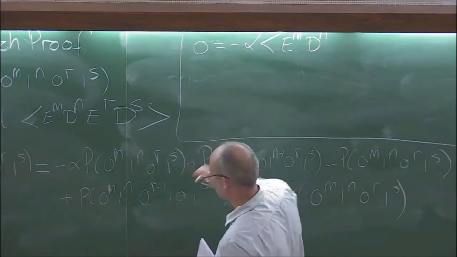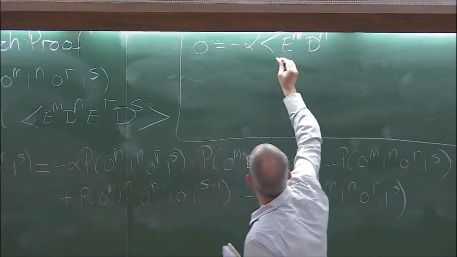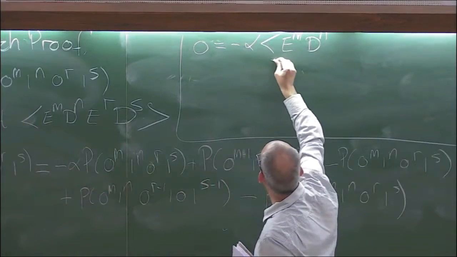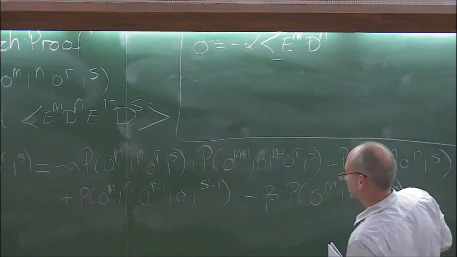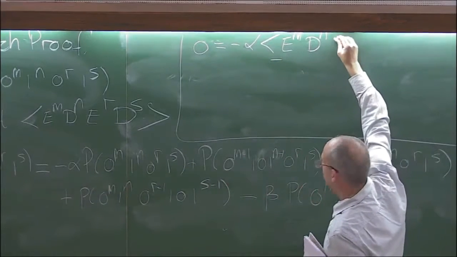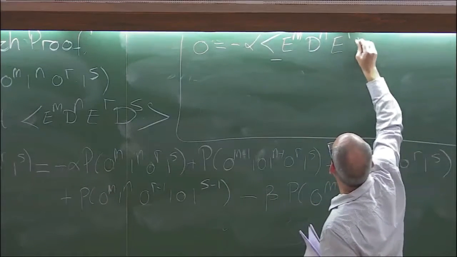So here is from this particle coming in. We lose probability, so let's just make a little note there. So D^n E^r D^s.